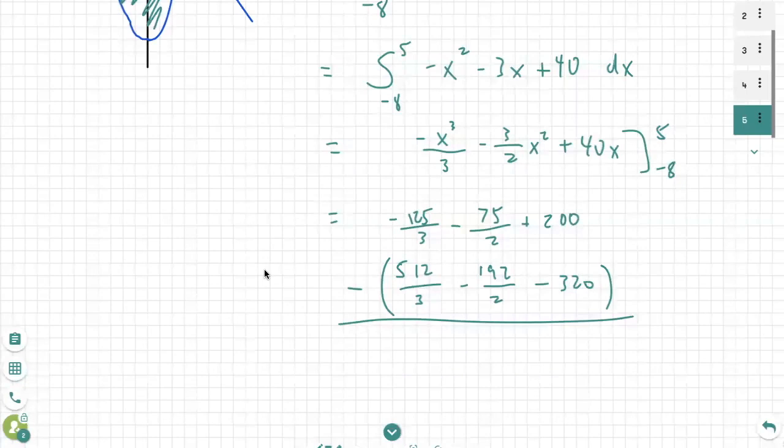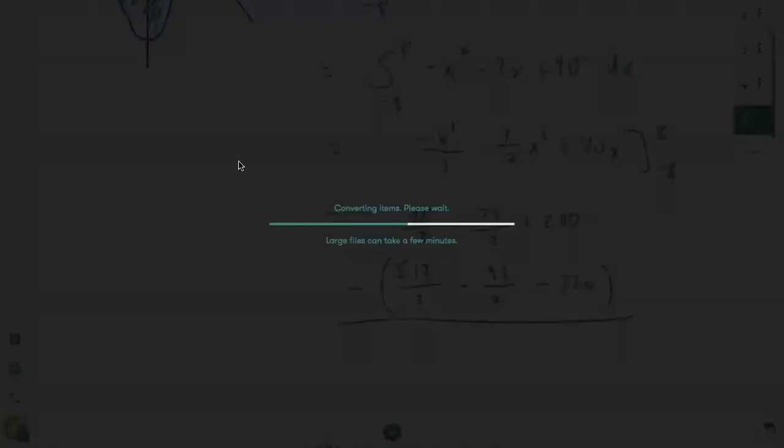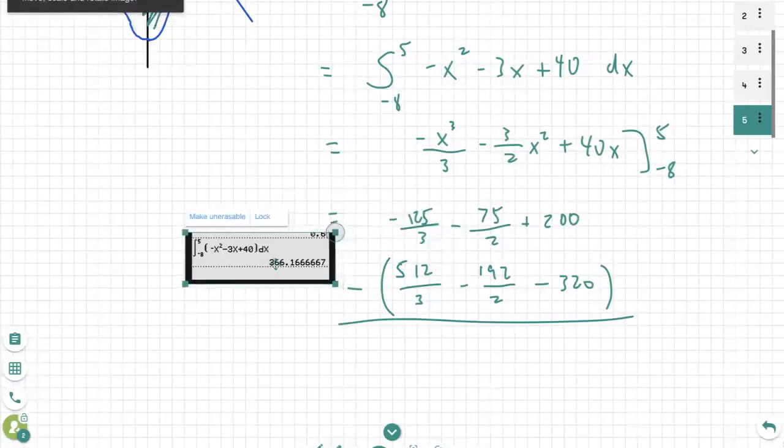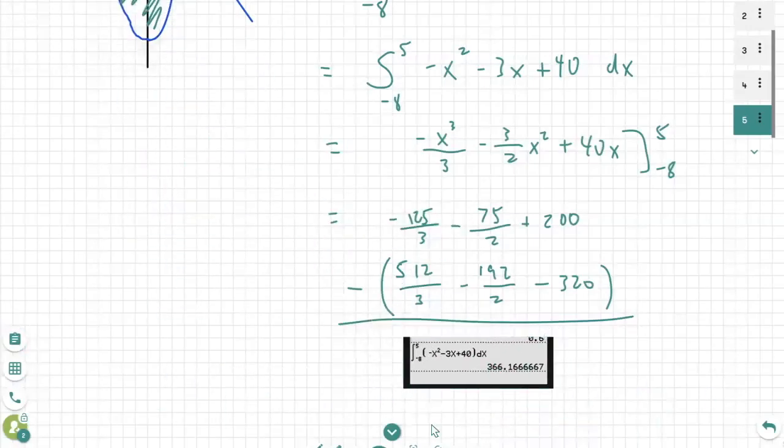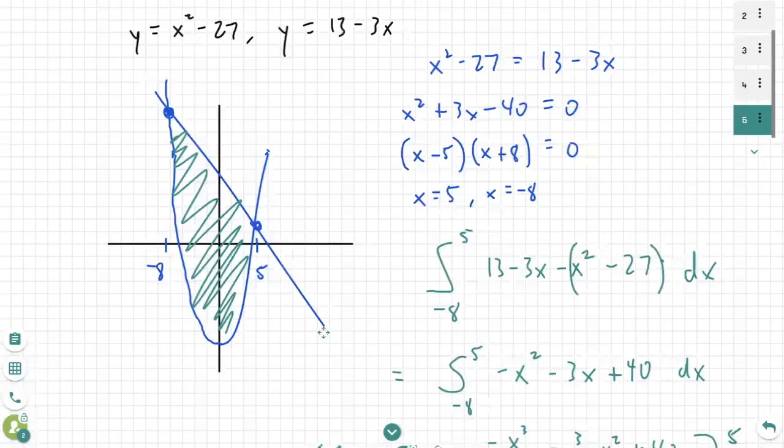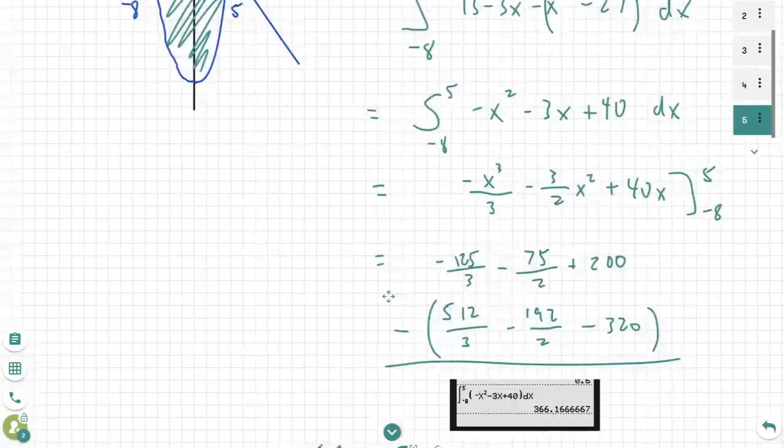So negative 8 to 5, negative x squared minus 3x plus 40. Is it 366.2? Yeah, okay, this should be it. Yeah, that's what I got. That's the area between those curves.